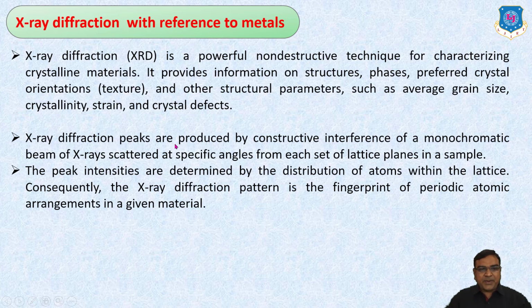X-ray diffraction peaks are produced by constructive interference of a monochromatic beam of X-rays scattered at specific angles from each set of lattice planes in a sample. The peak intensities are determined by the distribution of atoms within the lattice. Consequently, the X-ray diffraction pattern is the fingerprint of periodic atomic arrangement in a given material.